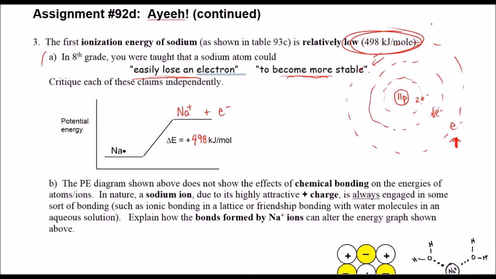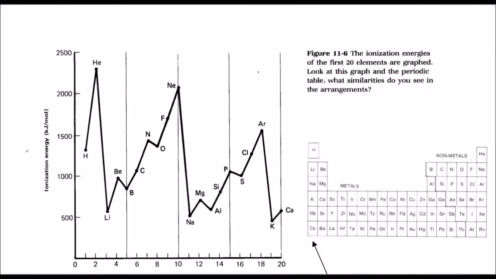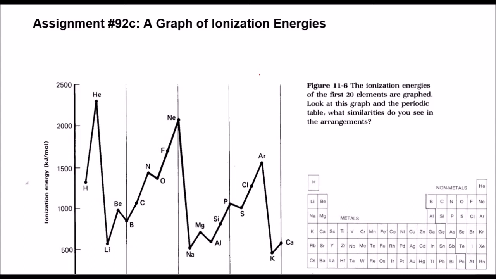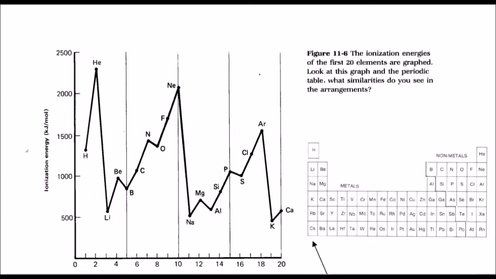So let's evaluate these. Can sodium easily lose an electron? To answer that, I'll look at the chart of ionization energies, table 9.2C. Looking at this graph here, you can see that sodium is here, and it's one of the very lowest ionization energies that exist on the periodic table.